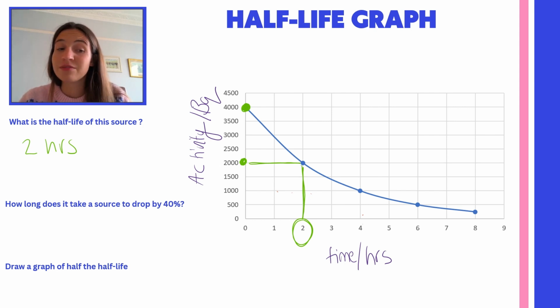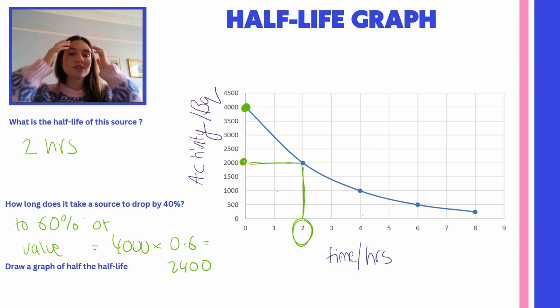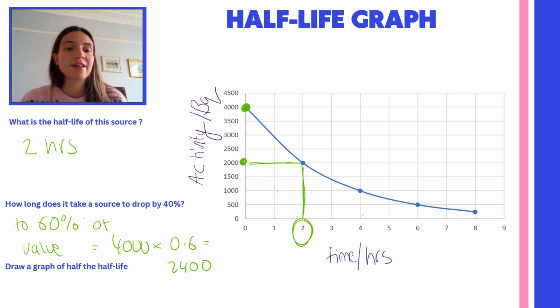So what the question's really asking me to figure out is, what is 60% of that initial activity, 4,000? So to do that, we multiply 4,000 by 60 and divide by 100, which is the equivalent to multiplying by 0.6. And we find that the final activity is 2,400.